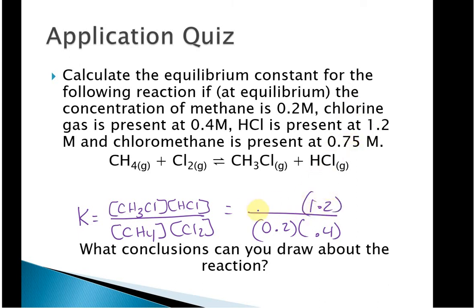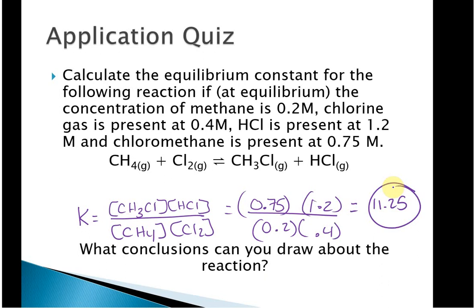And the concentration of chloromethane is 0.75 molar. Now, this is actually a really nice calculation because there's no exponents here. Because all the coefficients were 1, we don't have to worry about any exponents. So in your calculator, you just have 0.75 times 1.2 divided by 0.2 and divided by 0.4. And you end up getting something like 11.25.